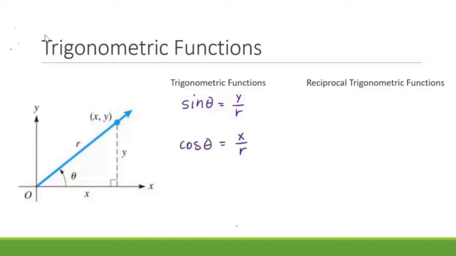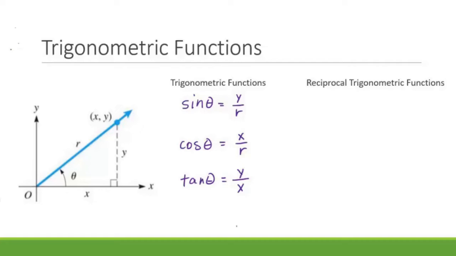The cosine of an angle is defined as the ratio between the length of x to the length of r. And then finally, the tangent of the angle is defined as the ratio of the vertical side to the horizontal side. Vertical and horizontal is only true for the diagram that I currently have, but it will remain true for the coordinate plane. So really we should define this in relation to the diagram.